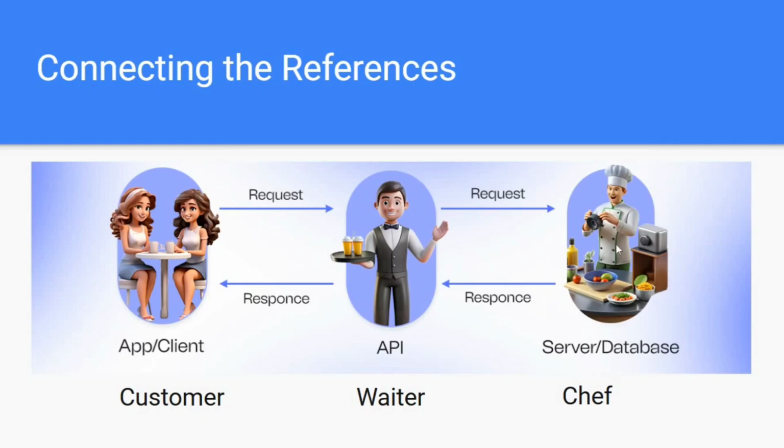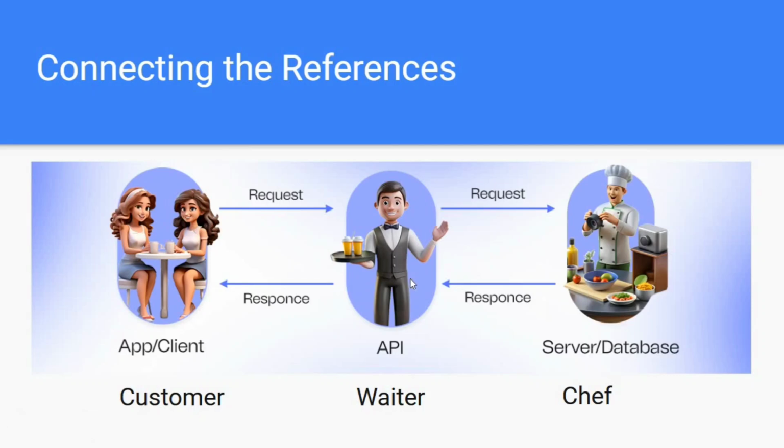Now in a hotel scenario, the chef prepares the food and gives it back to the waiter. In a similar way, the server retrieves all the necessary data from the database which the client wants and gives the response back to the API. Now this data is finally sent back to the client, as the waiter gives the food that is ordered by the customer back to him.